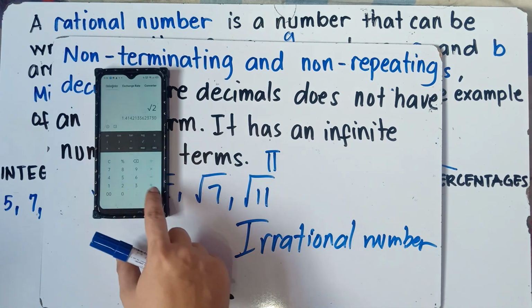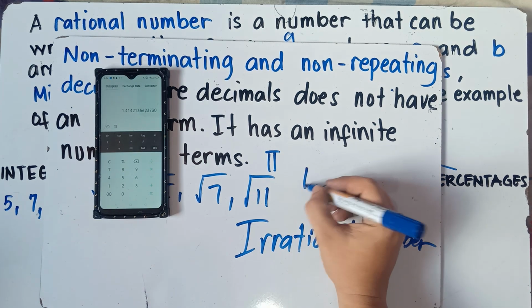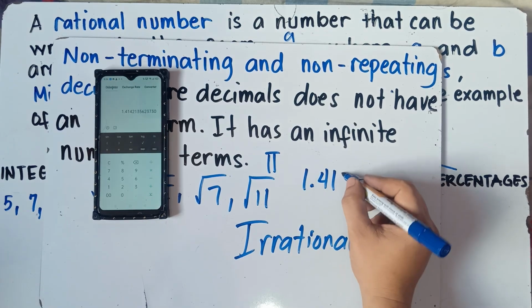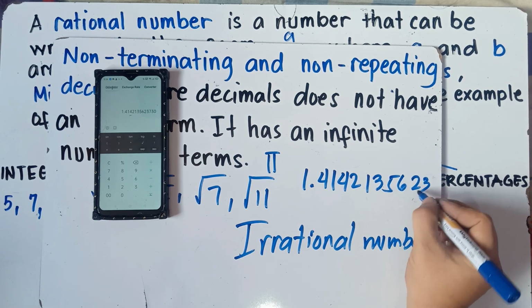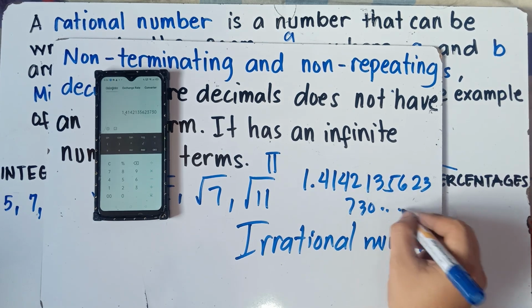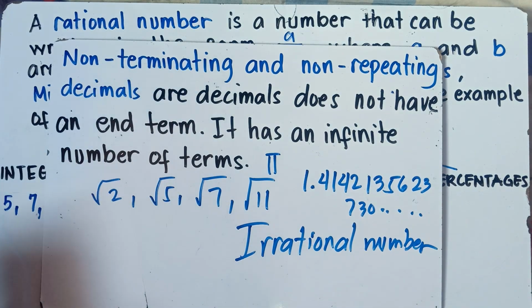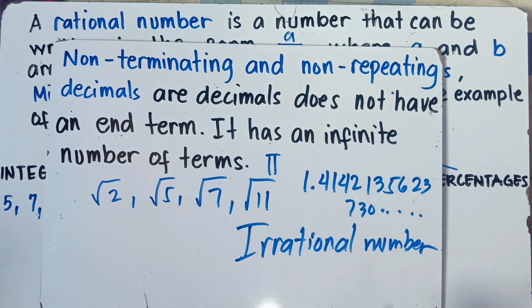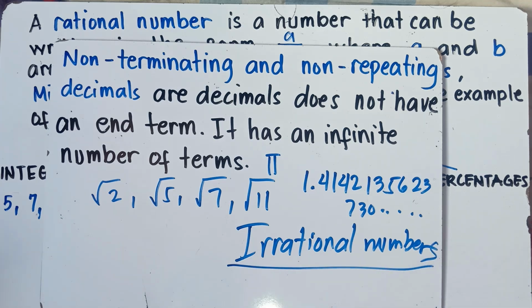Square root of 2, you will have 1.41421356, and it is continuous, class. 1.4142135623. And it is continuous. So non-terminating and non-repeating. It has an infinite number of terms. So these are irrational numbers.